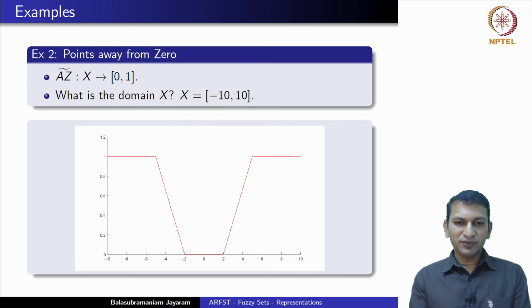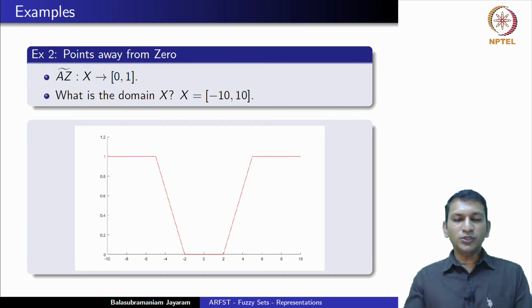in my graph, all those points that are between minus 2 and 2 have not been given any membership value in this concept. That means if it is between minus 2 and 2, they are not points away from 0.